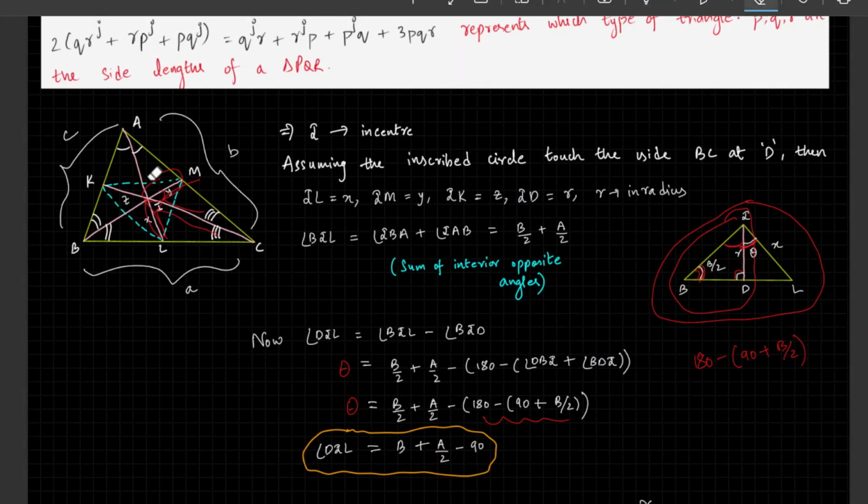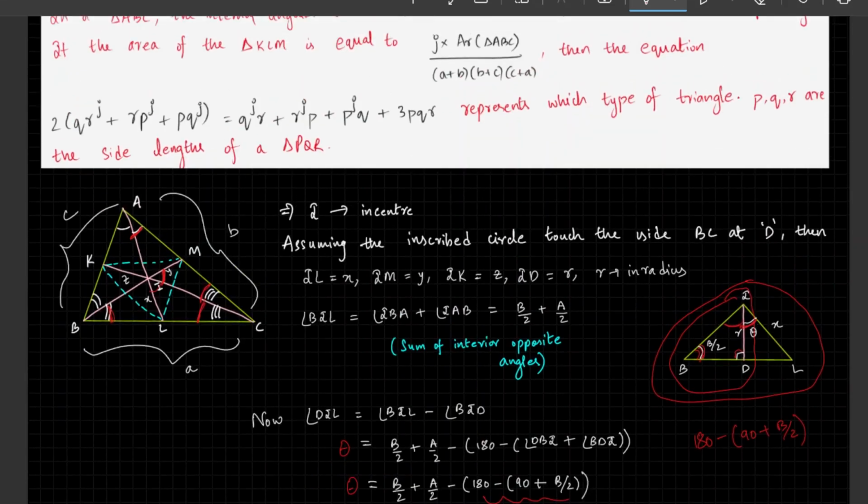Let me erase this part also so that it will be clear for us. So LIC is equal to the sum of the interior angles A/2 and C/2, and this part is B/2 and C/2. You just need to observe it carefully so that we can come to a conclusion. We somehow need to relate angle A, angle B, angle C. That is the reason we are doing all these things. We need to relate those so that we can find the final area in terms of triangle ABC itself.